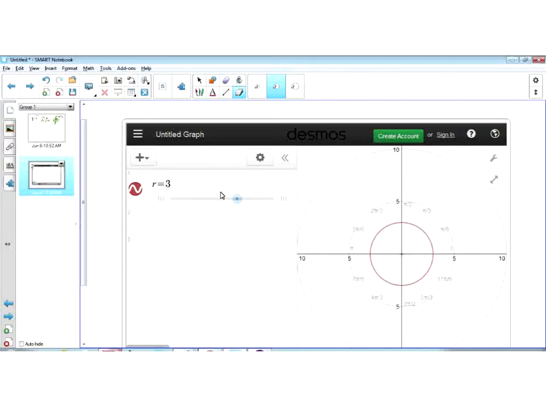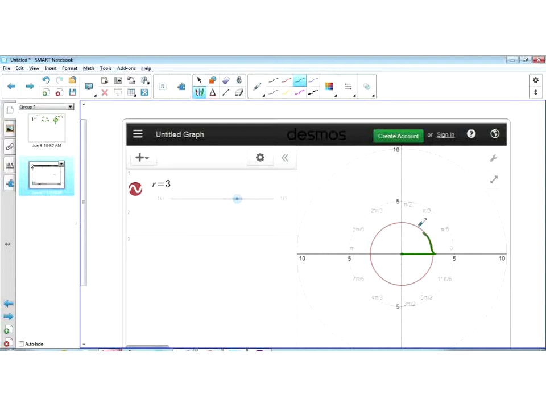Also note that when you graph r equals 3 in the polar plane, the process involves going to the polar vertex and then going out on a radial arm length of 3, and the implication is that theta ranges from 0 to 2 pi.